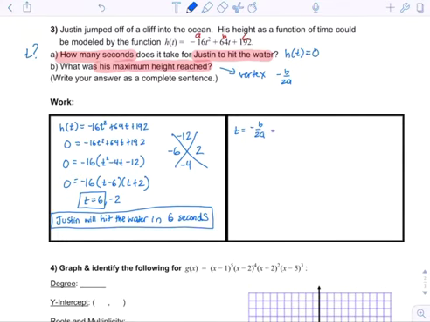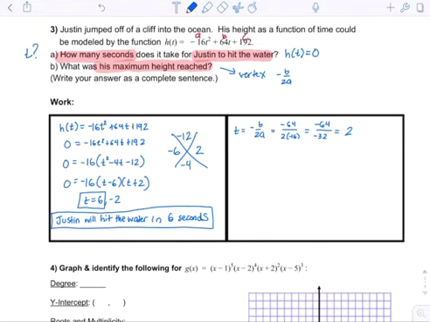So equals negative 64 all over 2 times negative 16. That is negative 32, and 32 goes into 64 twice, and since it's a negative over a negative, it will be a positive 2.